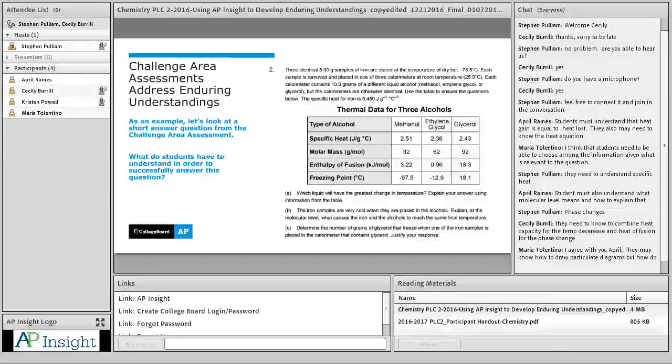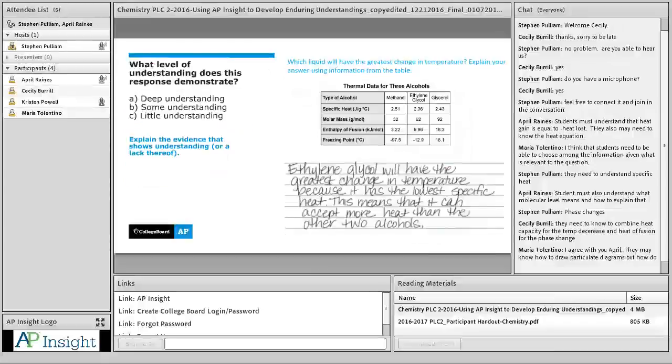So let's look at some student responses to this question. Here's a student response to part A, which is: which liquid will have the greatest change in temperature? Then explain your answer using information from the table. So what level of understanding does this response demonstrate?